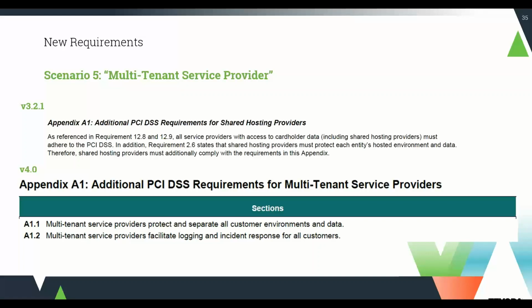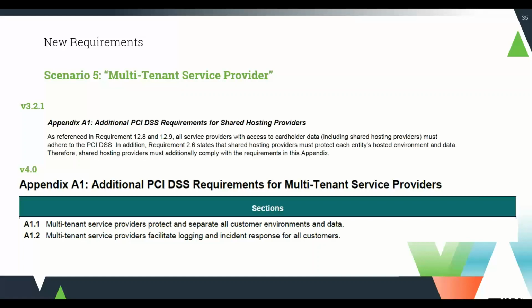In 4.0, that A1 has been expanded to apply to many more organizations, not just hosting providers, but any service provider that has, quote unquote, multi-tenant. So this also includes organizations where even if the customer has no administrative responsibilities, or it's not infrastructure as a service, maybe you're even providing software as a service, this actually applies as well.